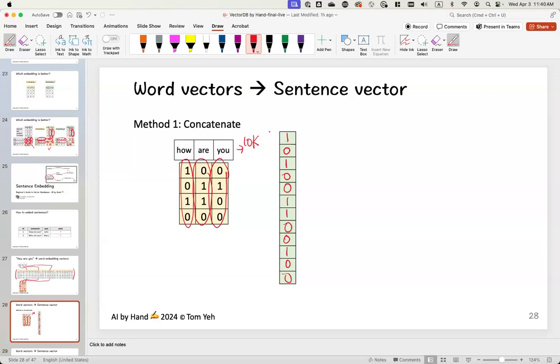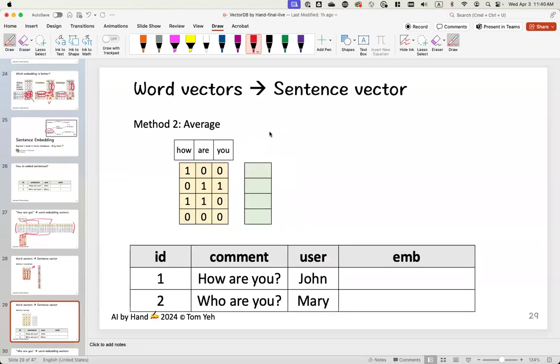Usually method 2 is more preferred and simpler: we simply take an average of the vectors and combine them into one vector of the same dimension. The model dimension is 4. So we take an average, which would be 1/3, 1 plus 1 is 2/3, 2/3, and 0/3. So now this is our sentence embedding vector for how are you.